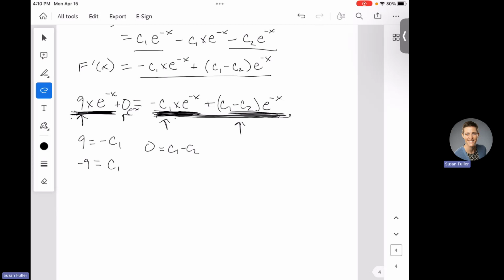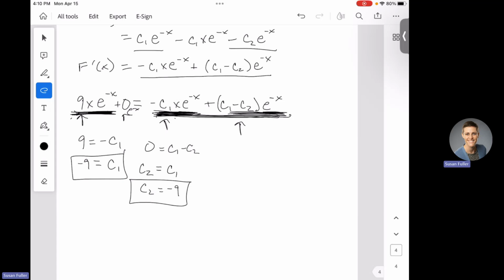I can't have any plain e to the negative x's because I only have x e to the negative x's in my little f. So I need C1 minus C2 to be 0, which means C1 is equal to C2, and that means C2 is also negative 9. So I have just found both C1 and C2.